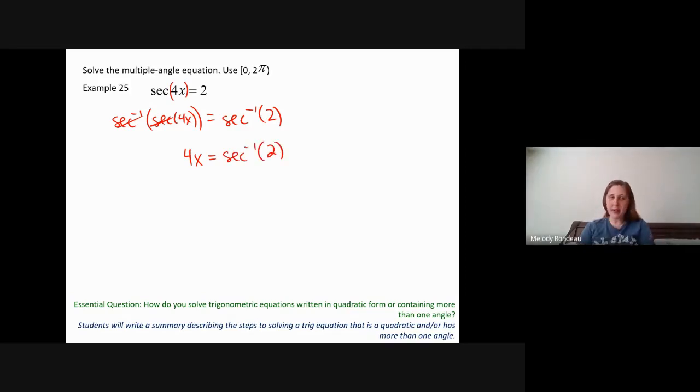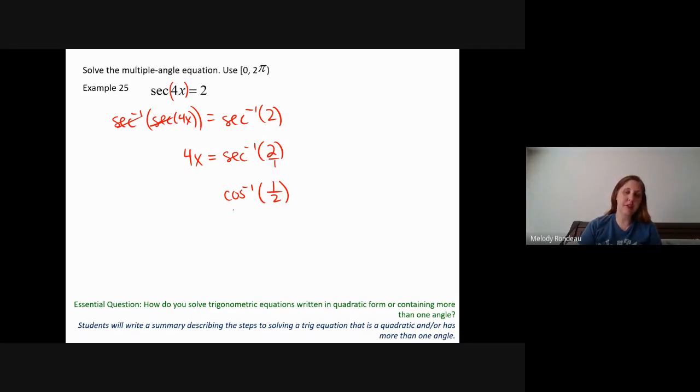All right, so I'm going to remind us that secant is the same as cosine, just the reciprocal. So you could work with this as, what am I looking for? Cosine. The cosine inverse version would be cosine of 1/2, because 1/2 is the reciprocal of 2. Or you could stick with secant and just make this 2 over 1.